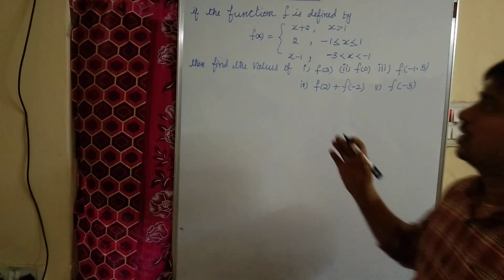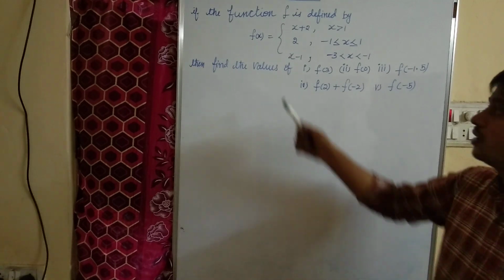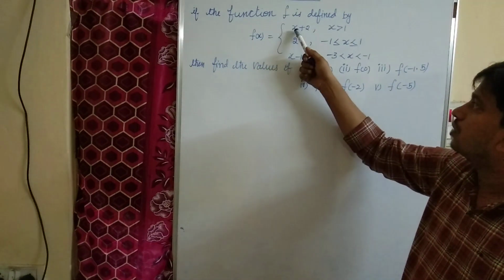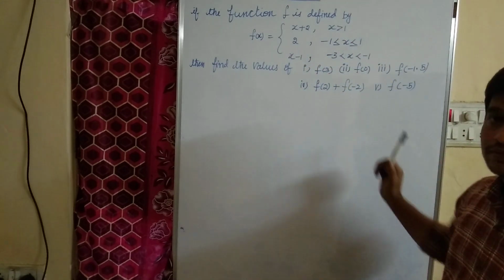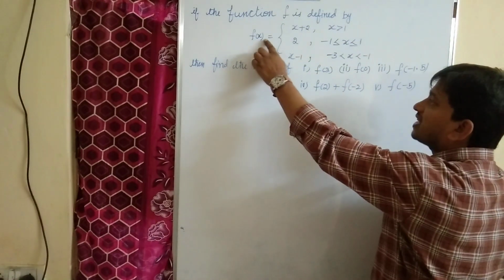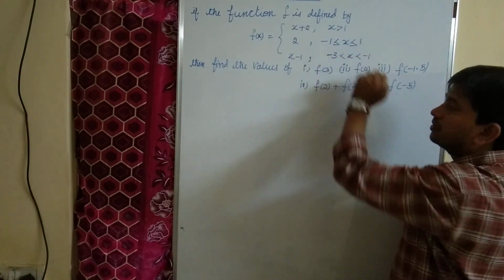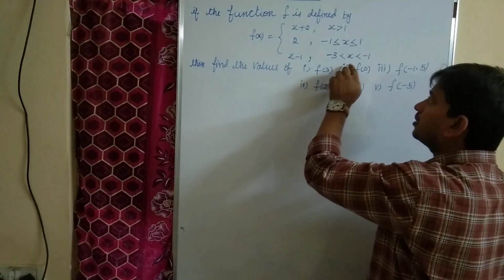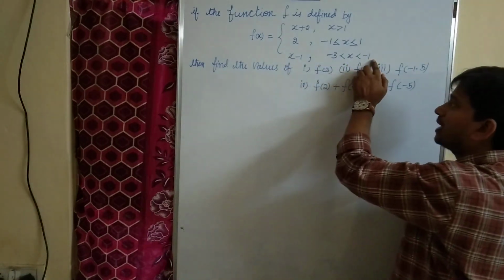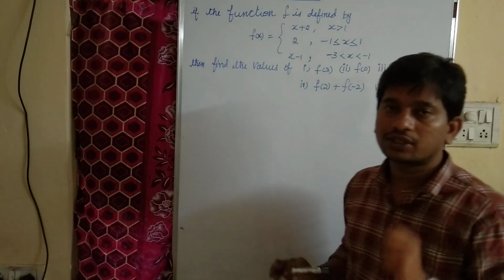Now, if the function f is defined by f of x equal to x plus 2 when x is greater than 1, and f of x is equal to 2 when x lies between minus 1 and 1, and f of x is equal to x minus 1 when x lies between minus 3 and minus 1. Here we have three conditions.